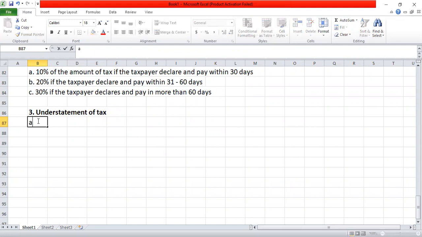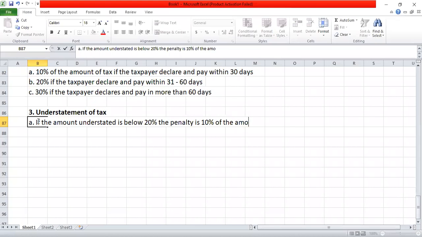So, number 1, if the amount understated is below 20%, the penalty is 10% of the amount understated.